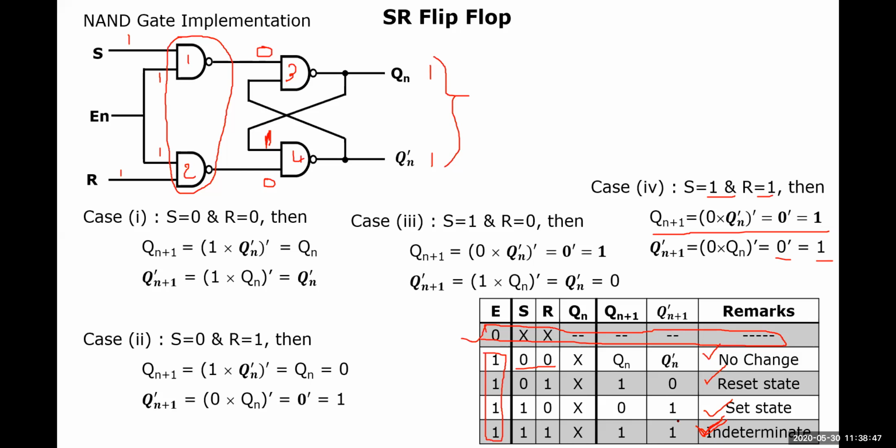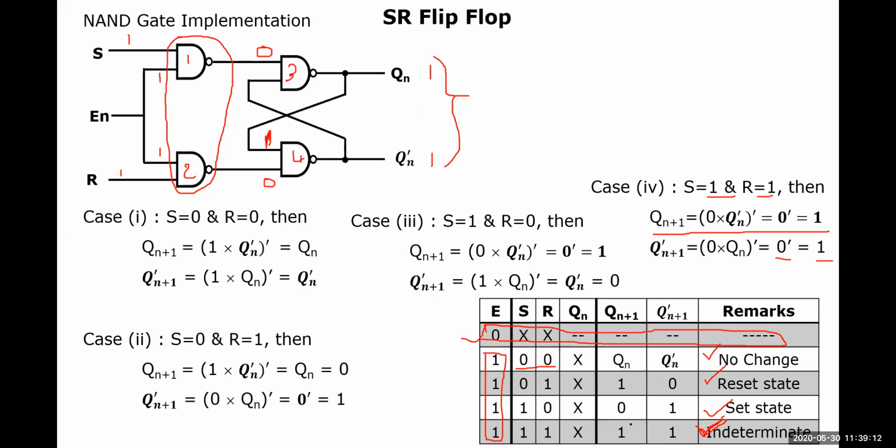So knowingly or unknowingly, any user may give some kind of input in terms of 0, 0 by S and R. Obviously, your total logic will fail. It may go to the forbidden state. Because of a forbidden state, your latch or SR flip-flop cannot work properly.